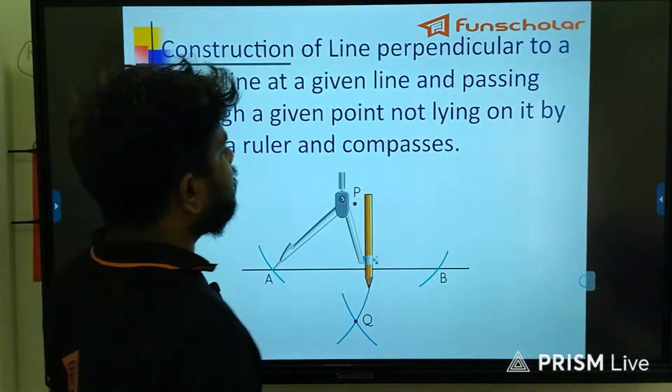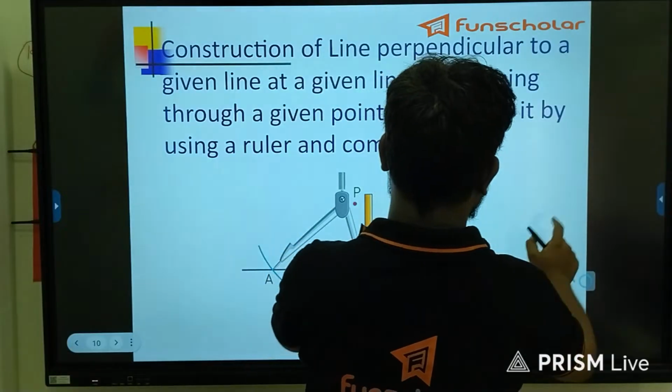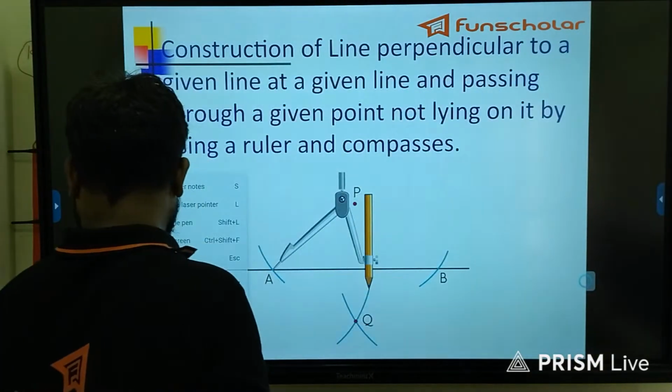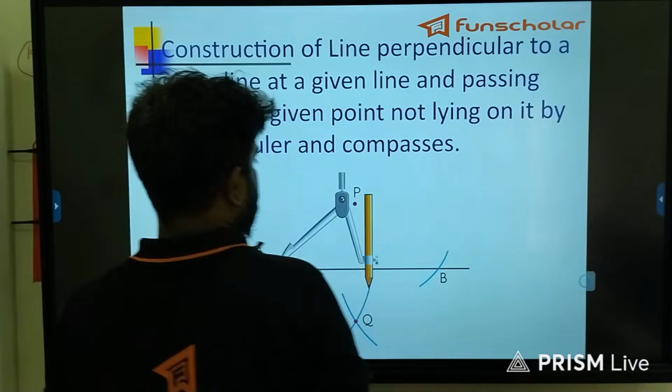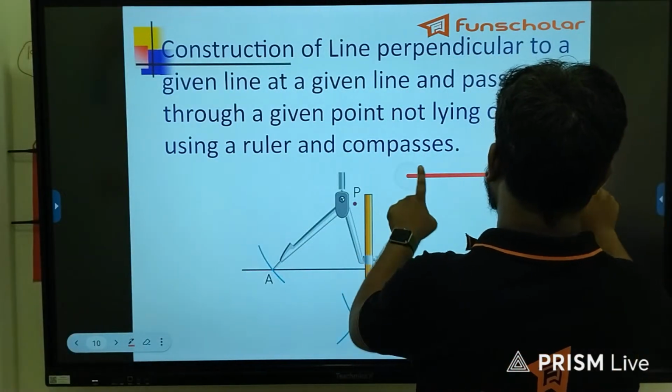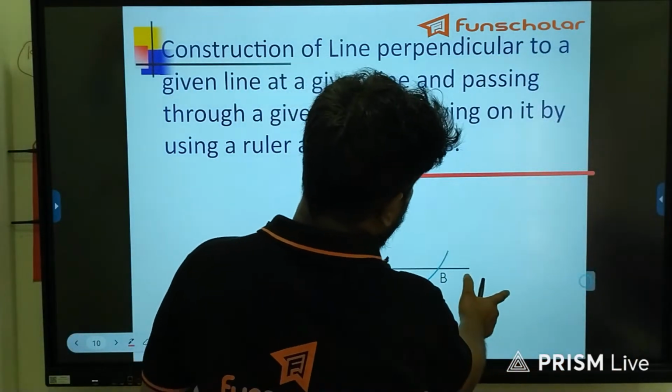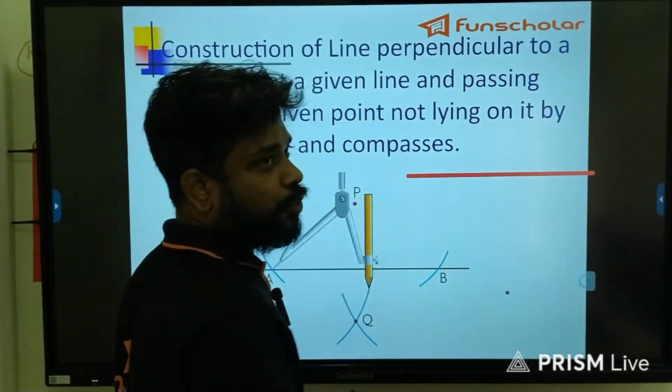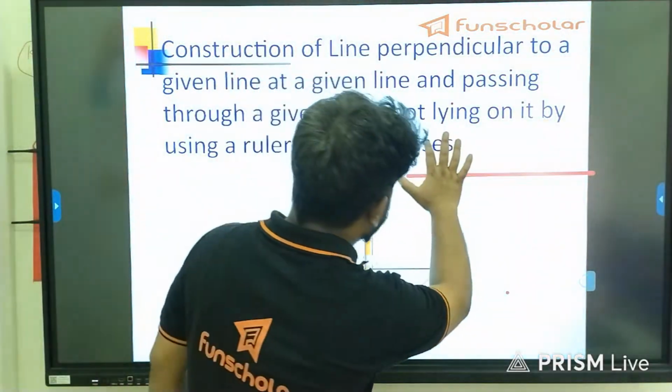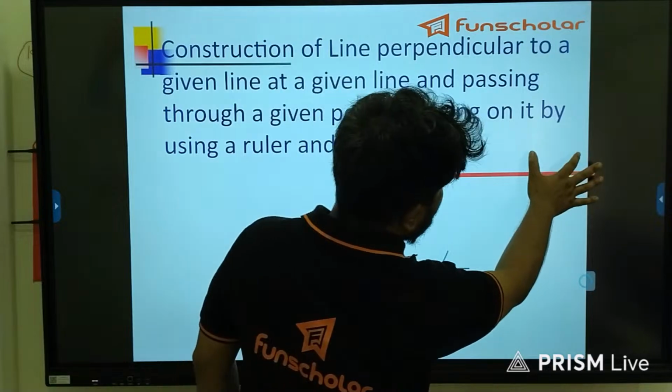Just draw a line like this, take a point here, and from this point draw two curves here and here.